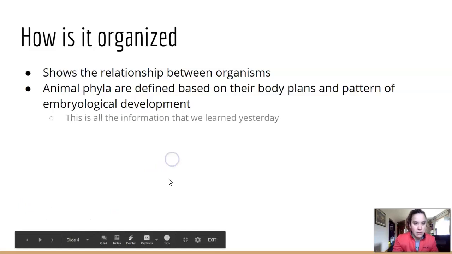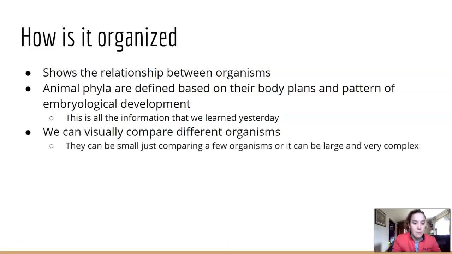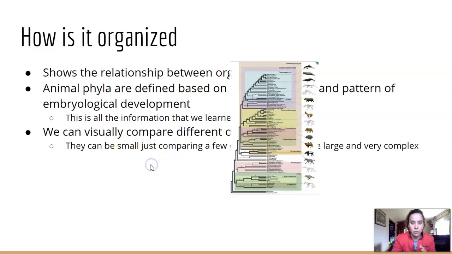Oh, and I just lost my mouse. There we go. This information is all that we learned yesterday. This is what I just said. We can then visually compare different organisms. They can be super small, like what I had just shown you in the slide before, or they can be very large and complex. Cladograms come in a whole bunch of different forms, and I'm going to show you one real quick.